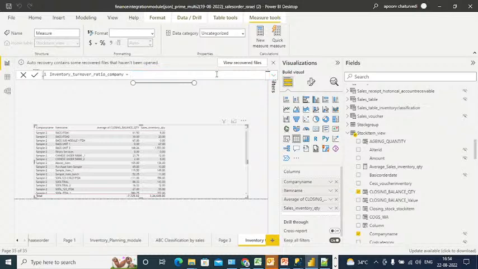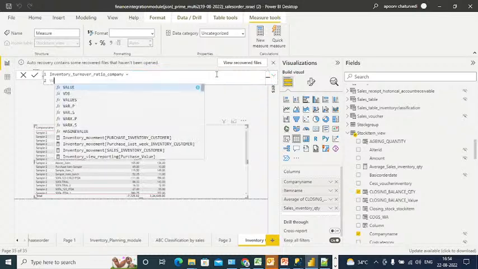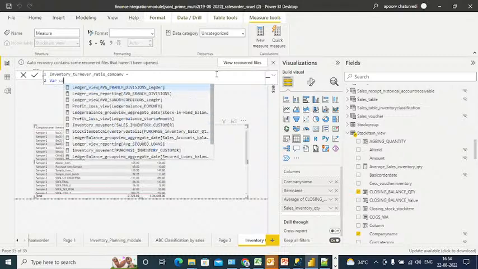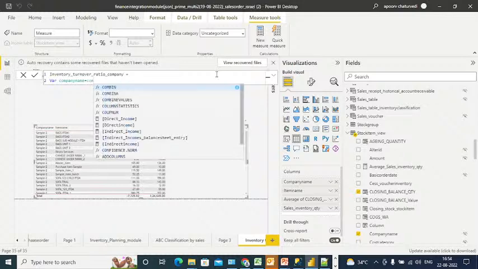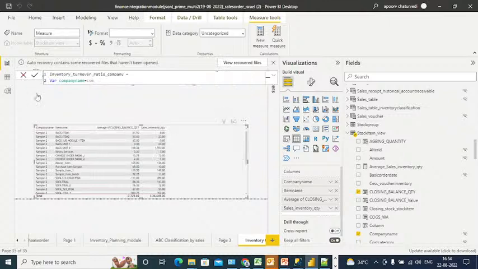I will have to do it this way, where company name is equal to company name. So I'll have to close it here.